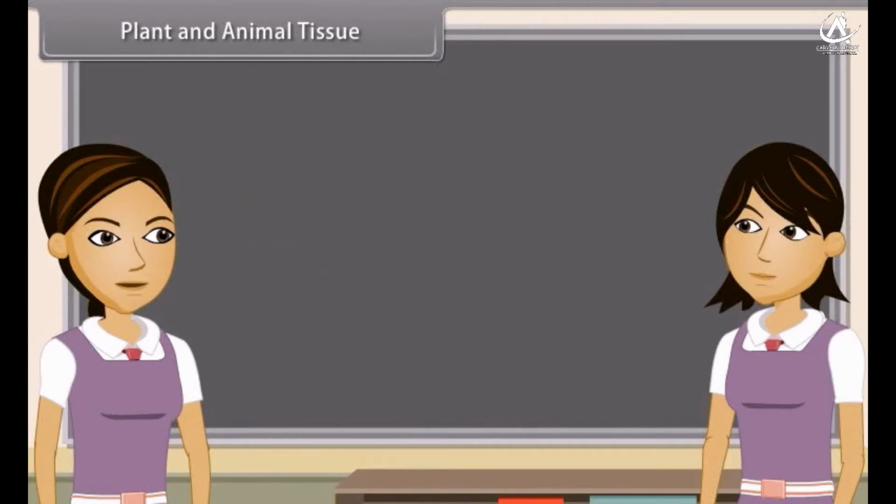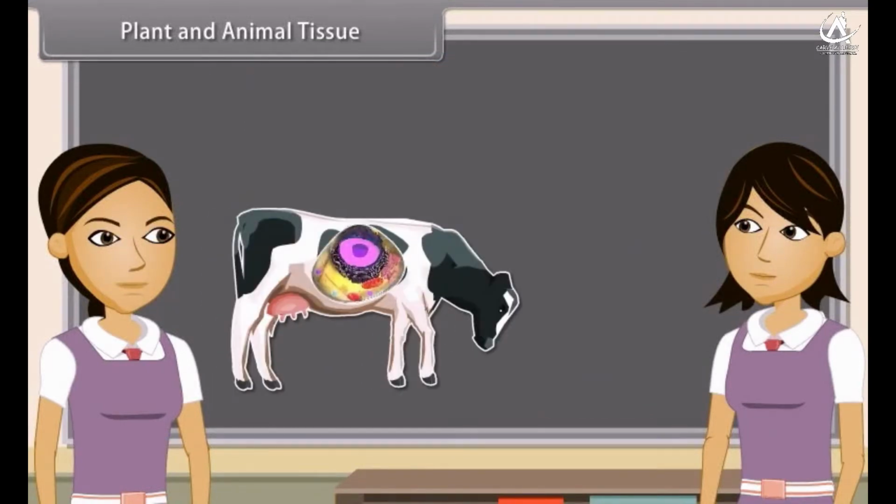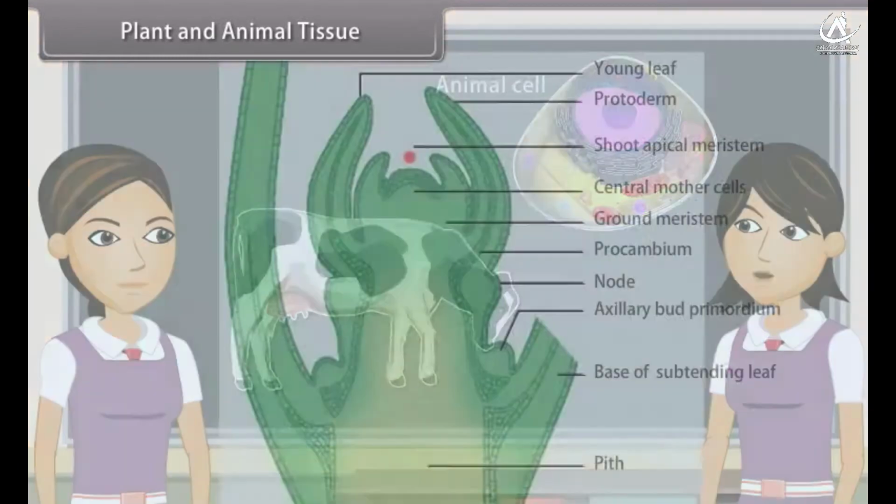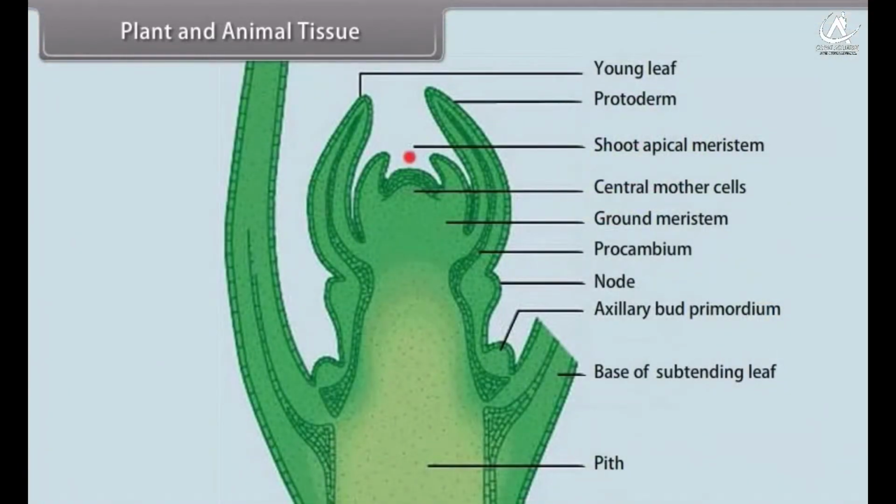Yes, I know that animals are heterotrophic and have to move around in search of food, mate and shelter. So they need more energy in comparison to plants. That is why most of the tissues in animals are living. One more big difference between plants and animals is pattern of growth. The growth in plants is limited to some regions.